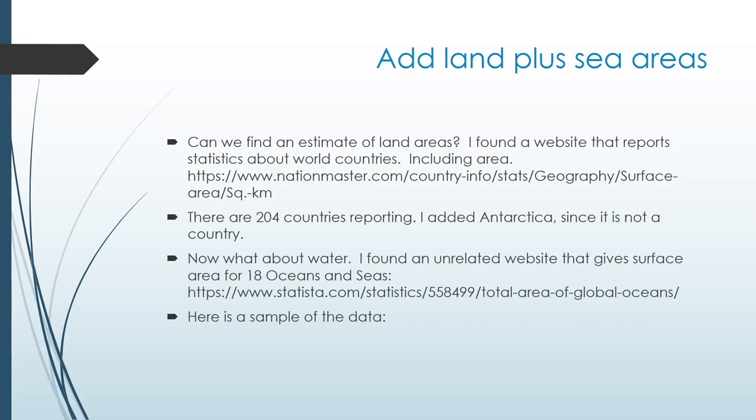There are 204 countries reporting. I added in Antarctica since it's not a country. It's not a very big number, but I added it in anyway. Now we can calculate a number for the land.